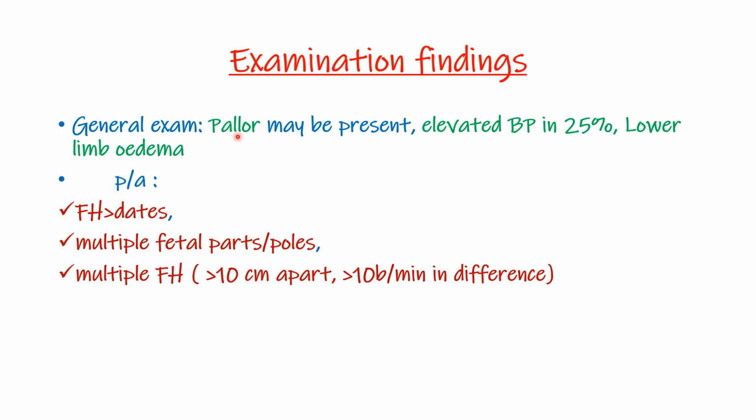So in terms of examination, obviously we say this patient is predisposed to having anemia. So the patient may present with pallor and elevated BP, because we said the cardiac output will be increased, and lower limb swelling.